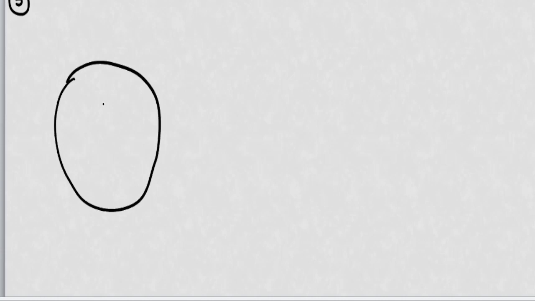Suppose this is a circle. Let me do that. Suppose this is the diameter. A diameter is going to separate a circle into two equal semicircles. Now suppose inside one of the semicircles there is a triangle like that.